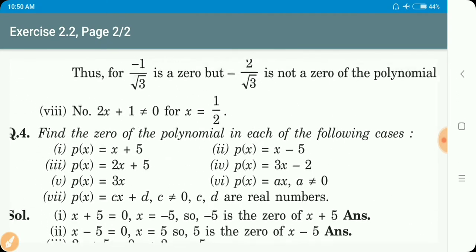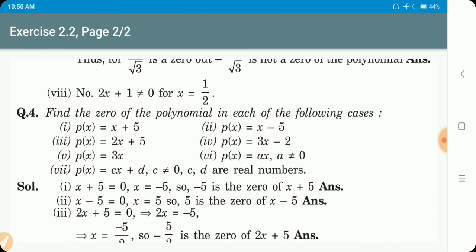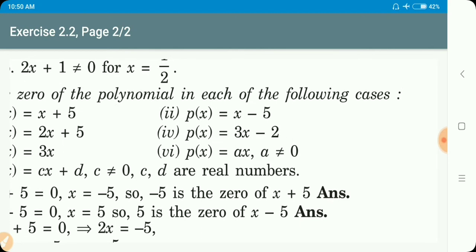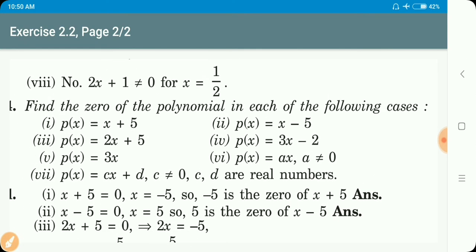Now the fourth sum is saying: find the zero of each of the following cases. I have already told you, if we are going to find the zero of any polynomial, we have to first write it equal to 0. So for the first part I am going to tell you how to do it. The first part is x plus 5.